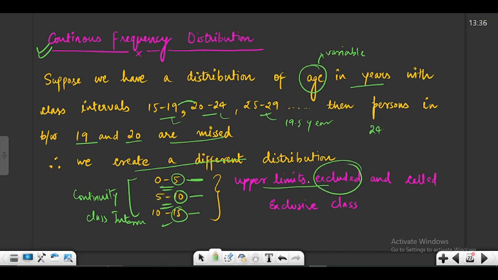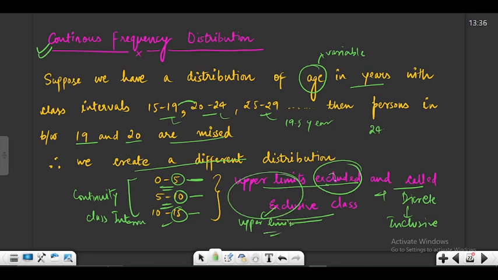So upper limits are excluded and are called exclusive class. So the discrete was called the inclusive class because both the upper and the lower limits were included, and the continuous variable is called the exclusive class, because the upper limit is being excluded. So I hope this was clear.